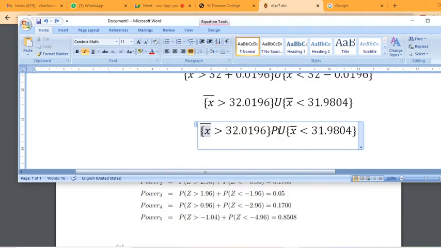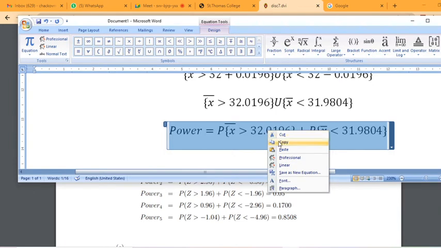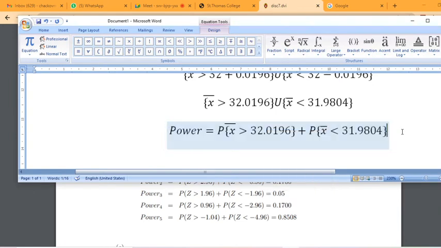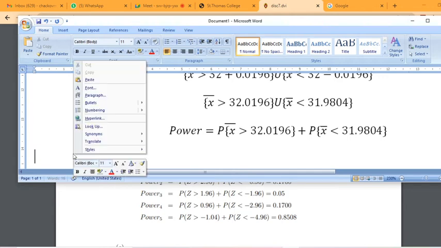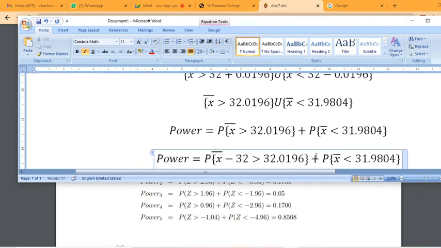So let us take this part to here. This is actually the power. So we can simplify this power. How can we simplify? Just subtract 32 from both sides.